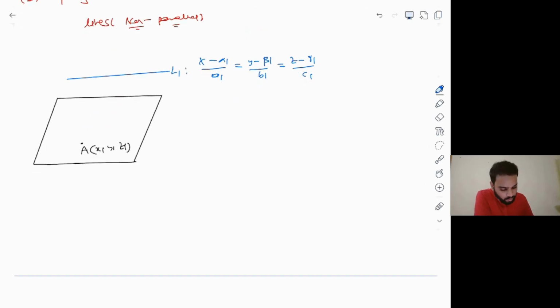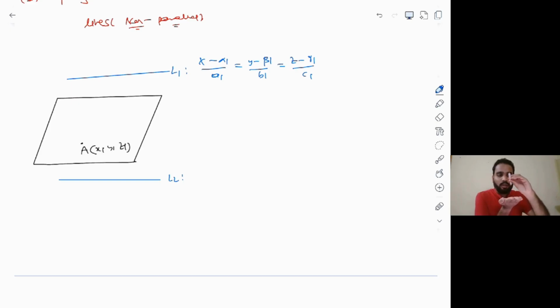And let us imagine one more line parallel to the same plane, but making sure L1 and L2 are not parallel to each other. Since we are drawing these three-dimensional figures in a two-dimensional plane, it looks like L1 and L2 are parallel, but in the actual scenario, they are not parallel. You need to imagine properly. So this is the plane, and this is one line, something like this, which is parallel to this plane.